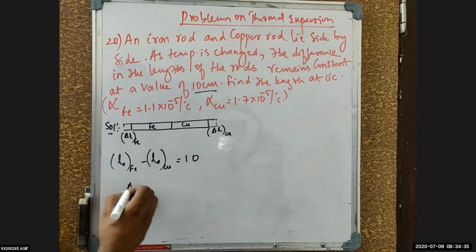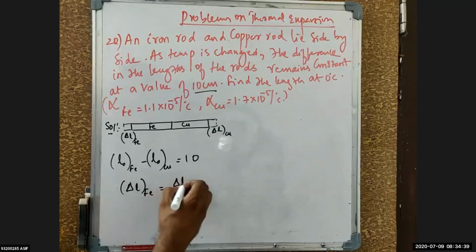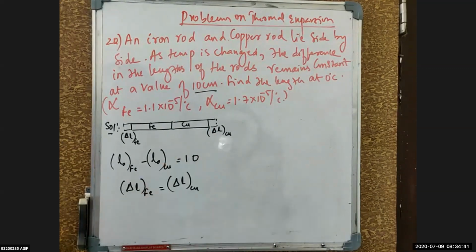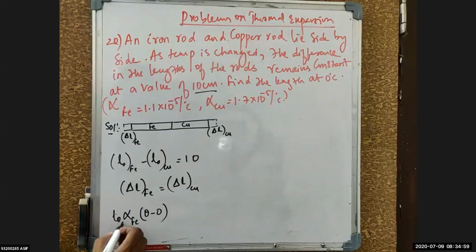That means expansion of iron is equal to delta L of copper. The difference is remaining constant, so expansion should remain the same. So writing for this one, L naught of iron into alpha of iron, that is Fe, into the temperature difference. What temperature difference? Theta minus initial temperature, which is 0. This is the length of iron.